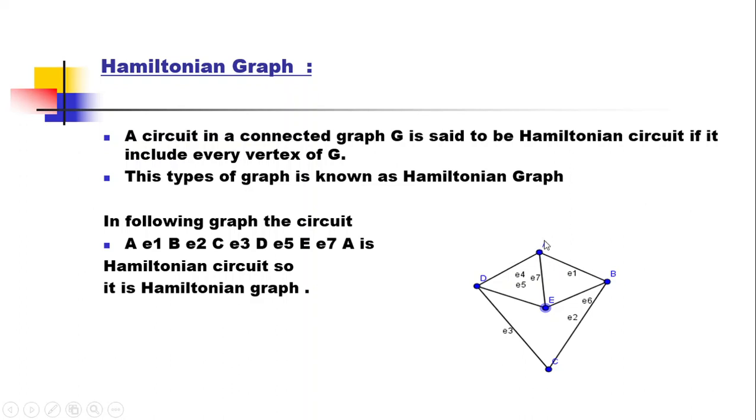So let us start with A, E1, B, then E2, C, then E3, D, E5, E, and then E7, A. So it is completely a circuit here, and it includes every vertex of the graph G exactly one time. So it is E1 B, E2 C, E3 D, E5 E, E7 A. All vertices are covered here, and that is known as a Hamiltonian circuit, and that graph is called the Hamiltonian graph.